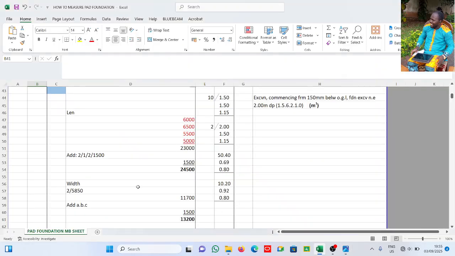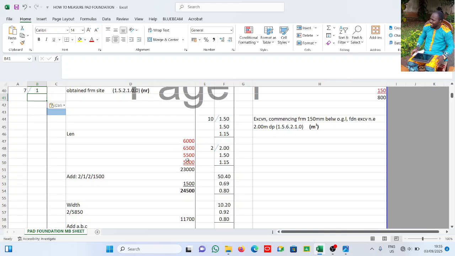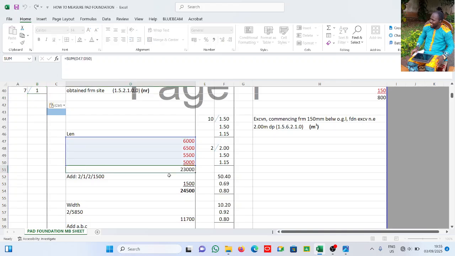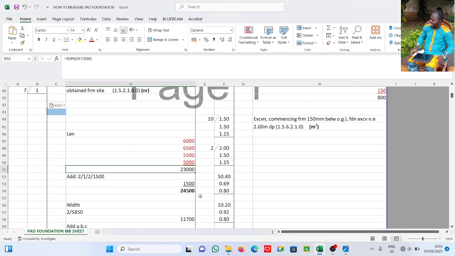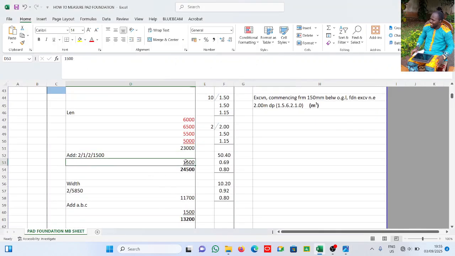All right, let's quickly come over here so we can speed things up a little. This is addition of everything. That's 23,000. Add 2 by half by 1/500. I already showed us here, it is at the center here. I'm going out. All right, so that gives us back 15. If I add, I have 24,500.